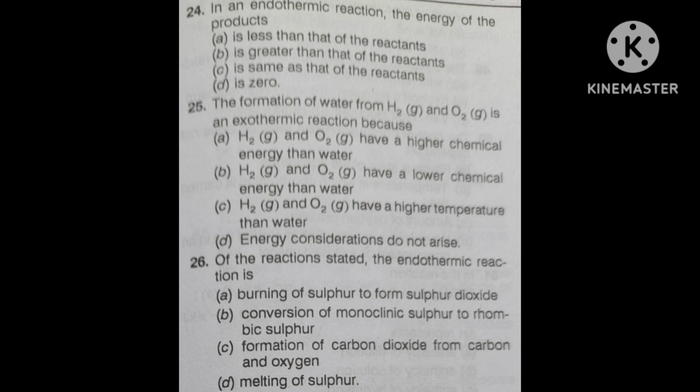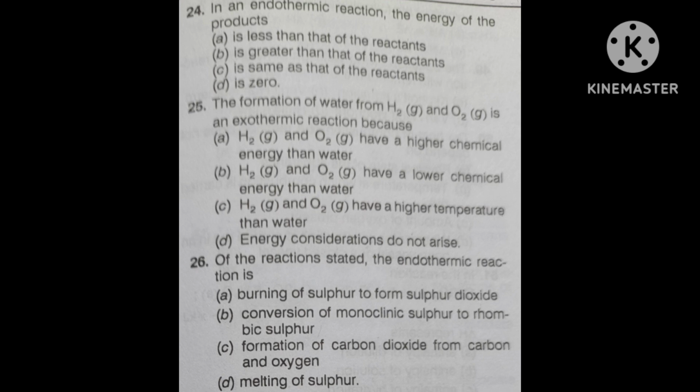Of the reactions stated, the four options I told, all these are the reactions stated. Which one is the endothermic reaction, that you have to tell. Again, I am repeating the question.